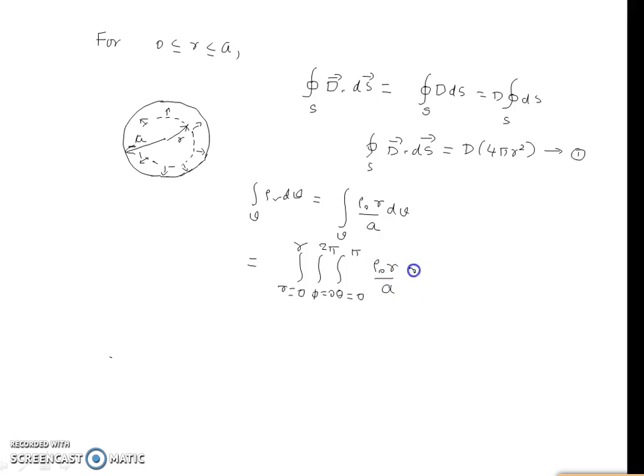And dv is given by r square sin theta dr d theta and d phi.